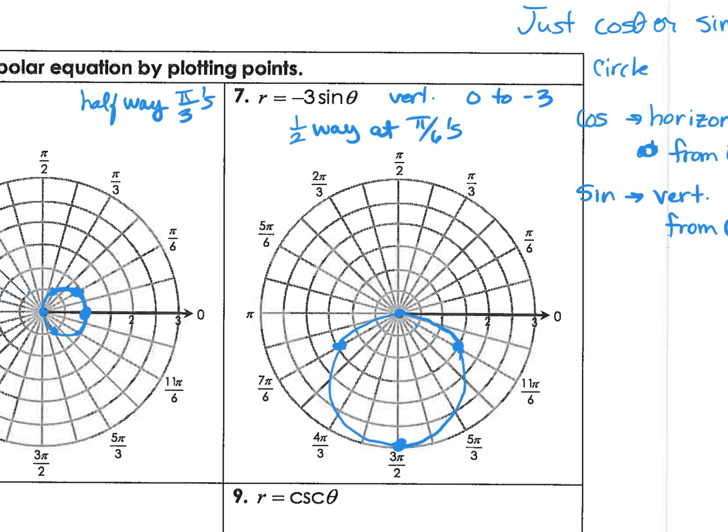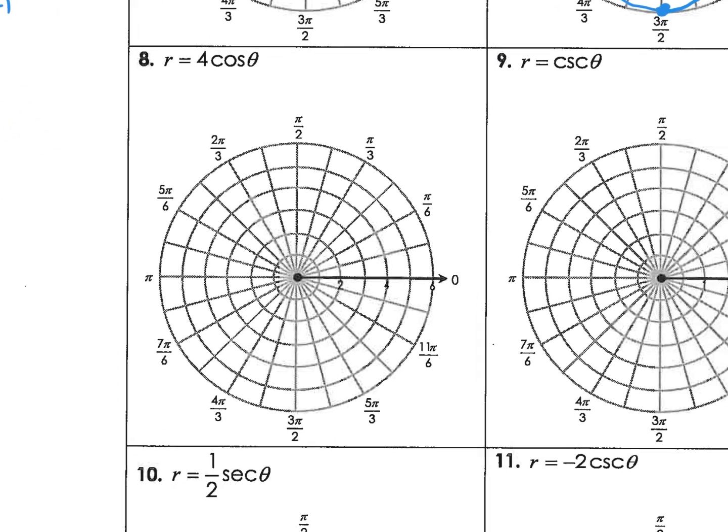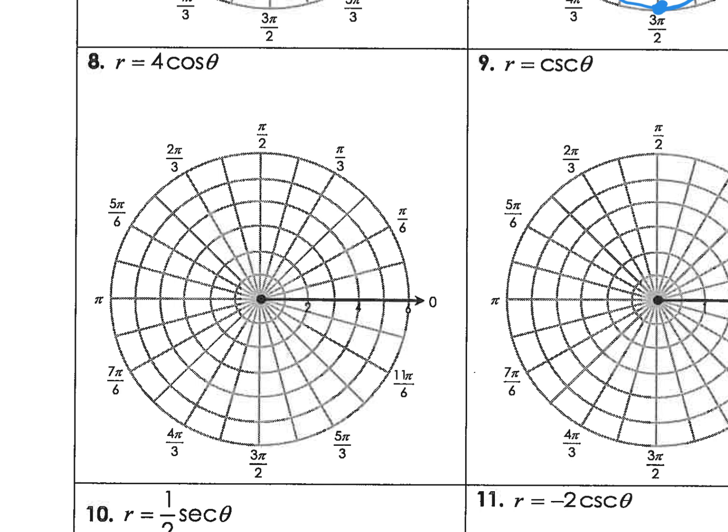Gives me a circle. We can do one more here. For cosine, I want you to think about it. Cosine says it's going to be horizontal, 0 to 4. So we know it's going to be 0. We know it's going to go all the way out to 4. Cosine is half at what?